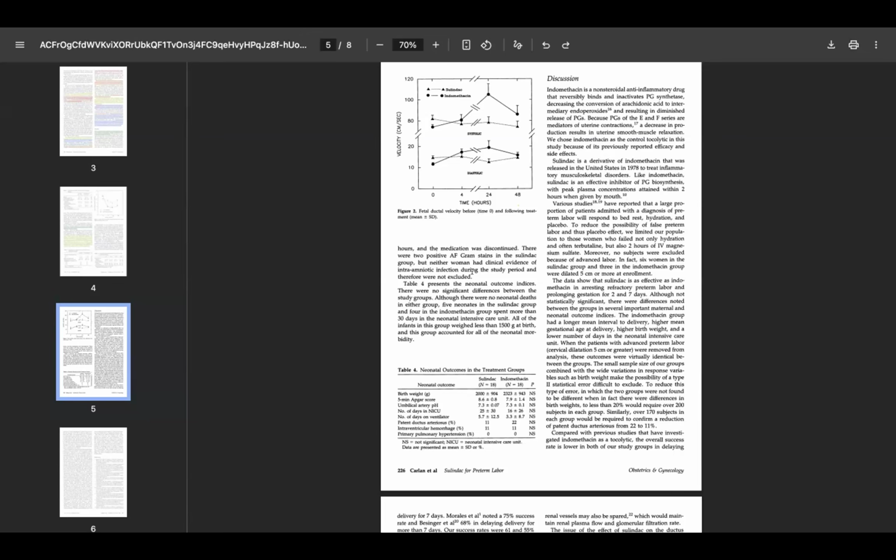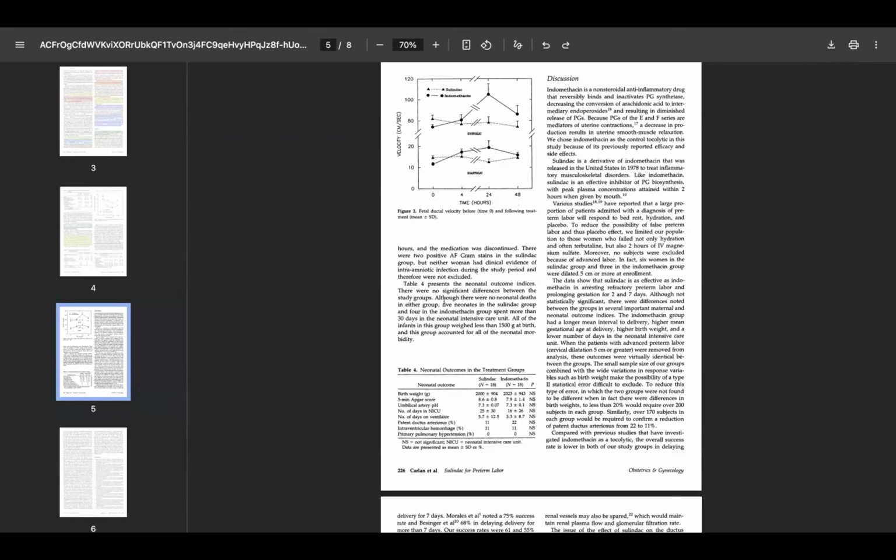And then they were talking about how their study is different than other studies like that because they actually did include women who were super dilated and about ready to give birth.